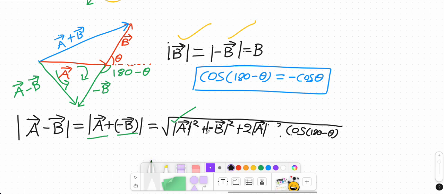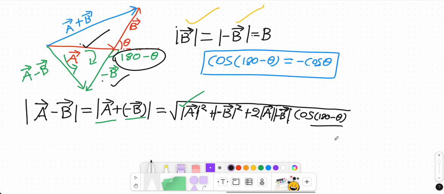Magnitude of minus b square, then 2 into magnitude of a into magnitude of minus b into cos of the angle between a vector and minus b vector. This angle is 180 minus theta. So cos of 180 minus theta.